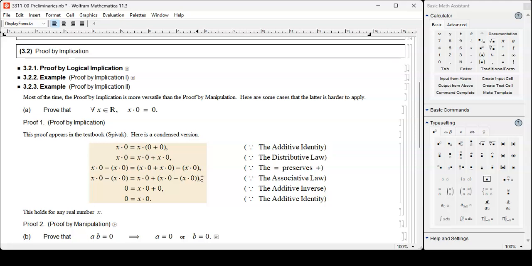And then I use associativity, and then this subtraction and that subtraction will give us 0. So we have 0 plus 0 like this. And then we can cross out this 0 because 0 doesn't change anything. That's additive identity. Consequently, what did I get? X times 0 is 0. This is a complete proof.